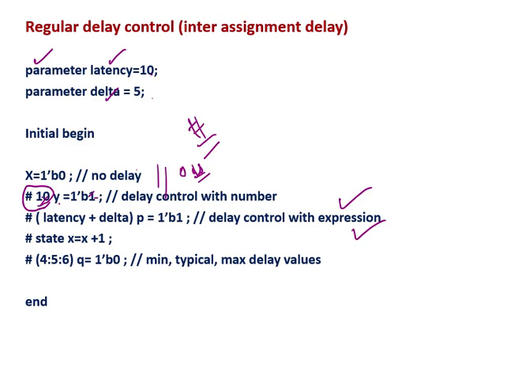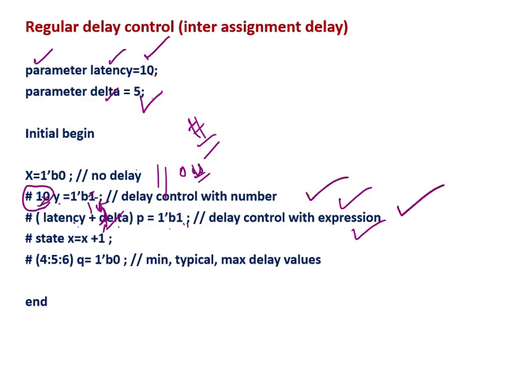For example, #(latency + delta) p equal to 1'b1. So p will get 1'b1 after how much time? Latency plus delta. Latency is 10 nanosecond and delta is 5 nanosecond, so latency plus delta is 15. Here I have not used numbers directly, I have used an expression, and that is also correct.